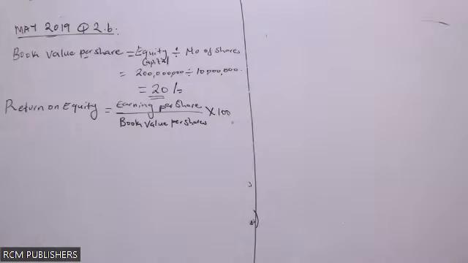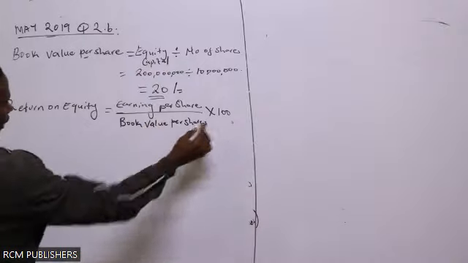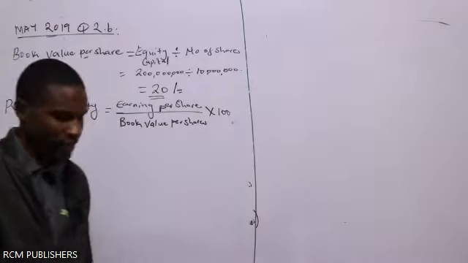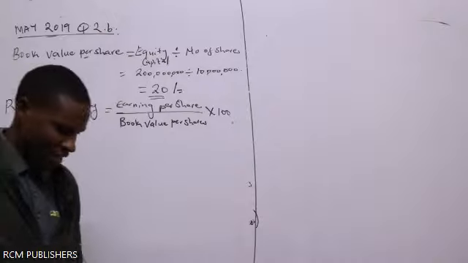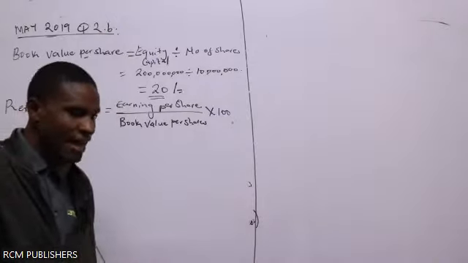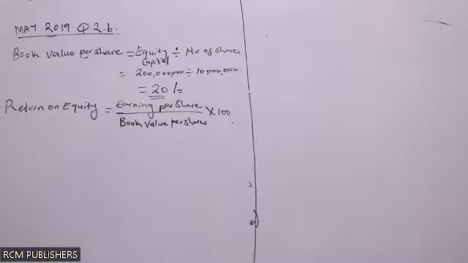Now I know I have the book value, which is 20. Now, what is my earning per share? Can you look at the question? The examiner must have given it to me. I saw that, yeah, I have it. The current earning per share is 4.